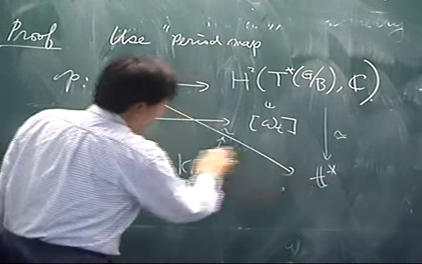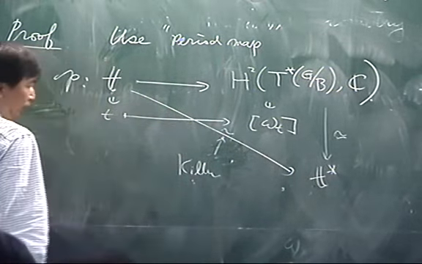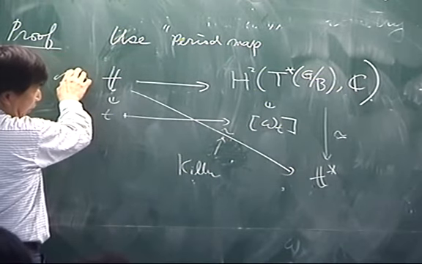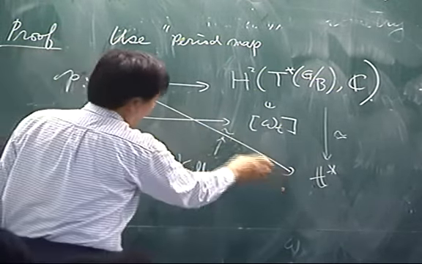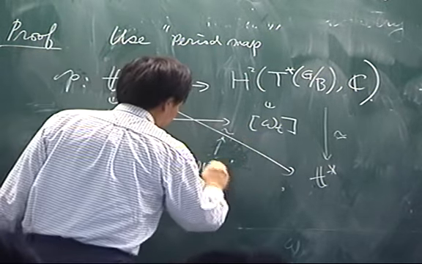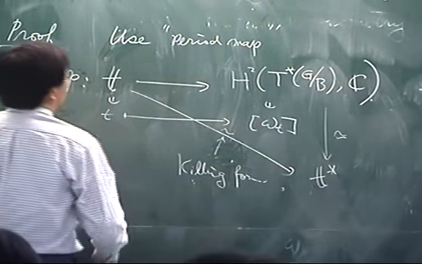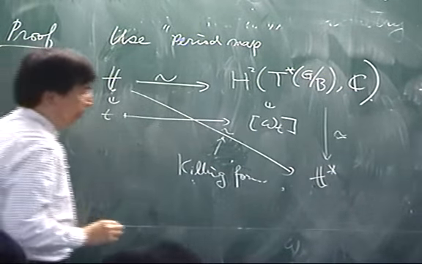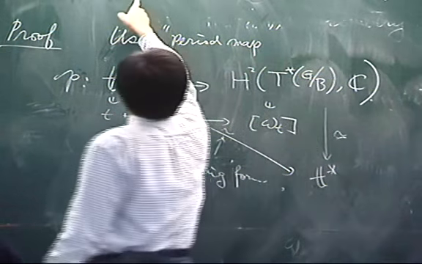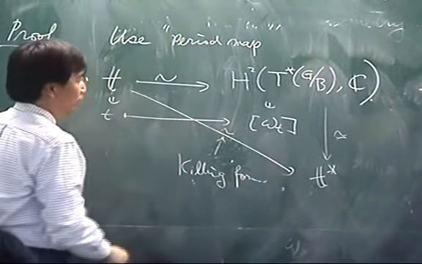T and T star are naturally identified by using the Killing form. So this period map is proved to be just the identification by the Killing form. So this is an isomorphism. So it's rather easy to show that it is universal.